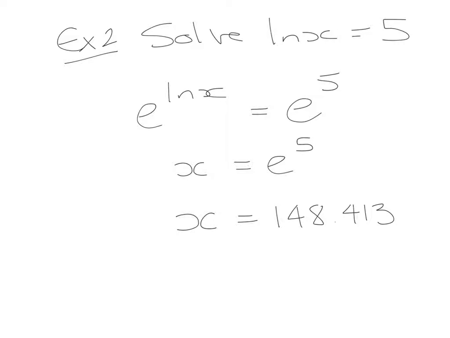Now we'll look at a few trickier formulas. Example 3. Solve 5e to the power 2x plus 1 equal to 12. So our power this time is an expression of 2x plus 1.